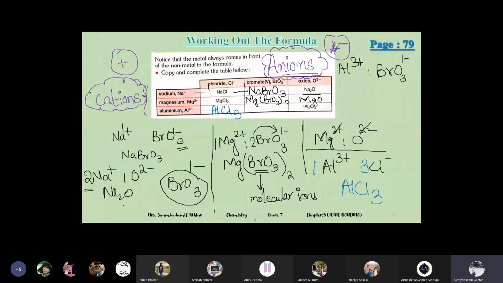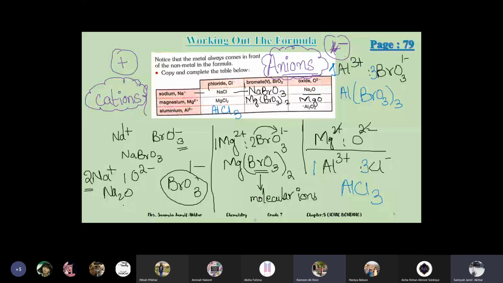AlCl3. Okay, and who will tell me about the aluminium bromate one? Teacher, can I do it? Yeah, sure, tell me. Teacher, we will multiply 1 with aluminium and 3 with bromate. So it would be Al and in the bracket BrO3, and when the bracket closes, the outside would be 3. Is it correct, girls? Yes, miss.